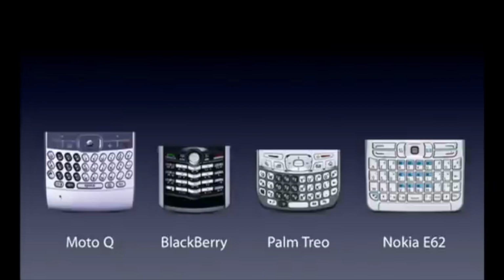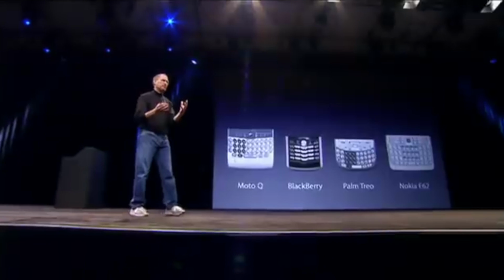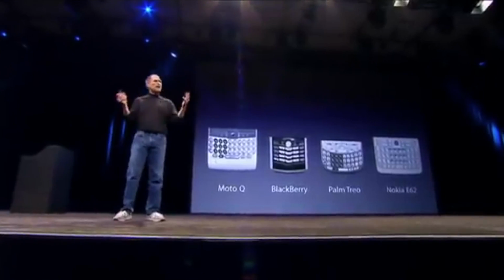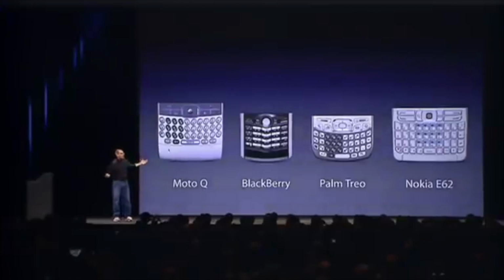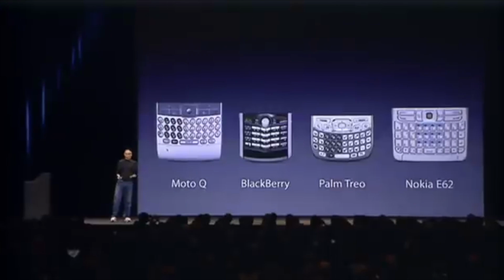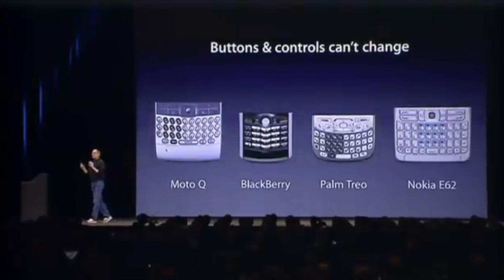Well, every application wants a slightly different user interface, a slightly optimized set of buttons just for it. And what happens if you think of a great idea 6 months from now? You can't run around and add a button to these things. They're already shipped. It doesn't work because the buttons and the controls can't change. They can't change for each application, and they can't change down the road if you think of another great idea you want to add to this product.